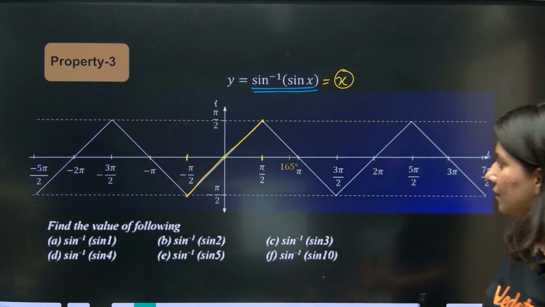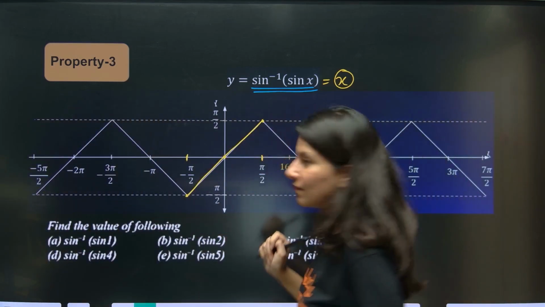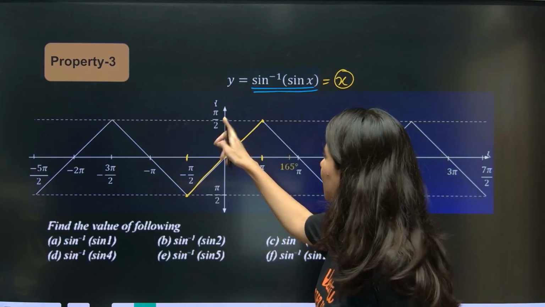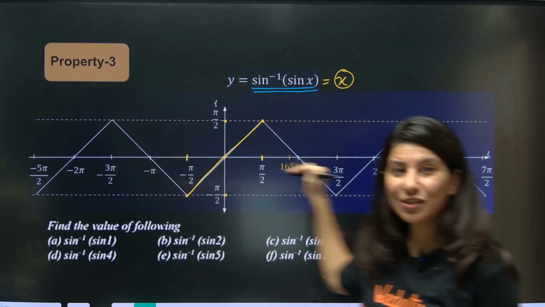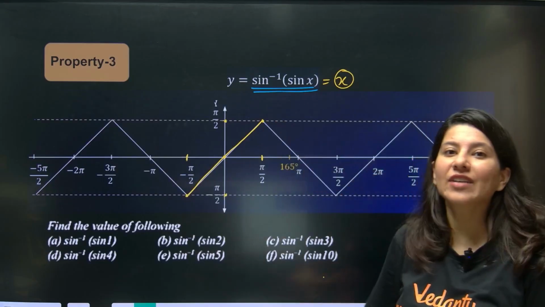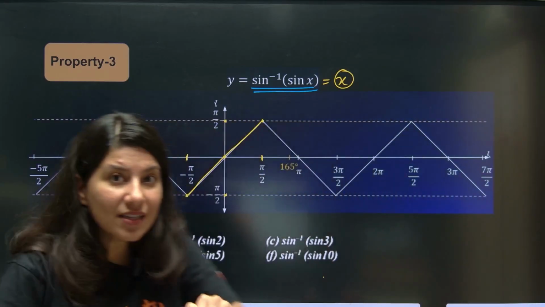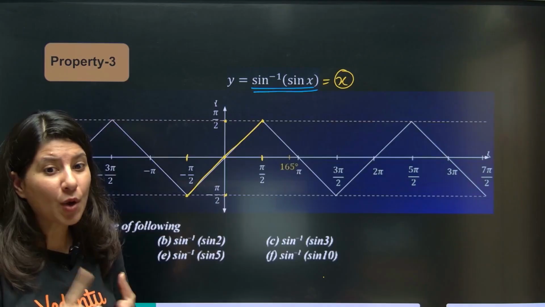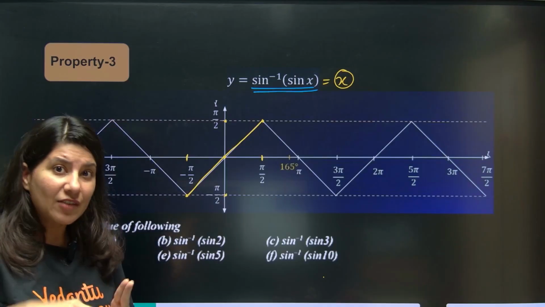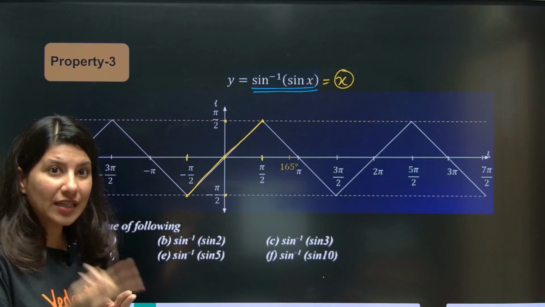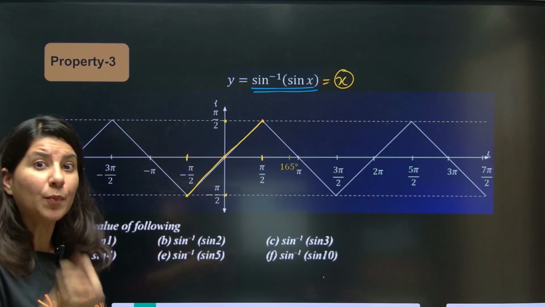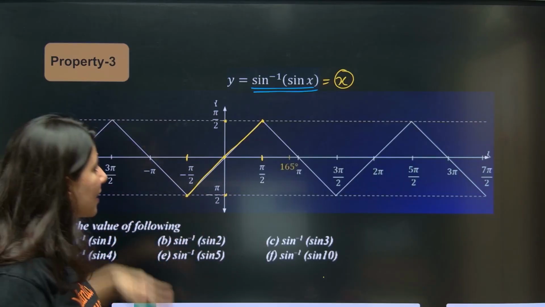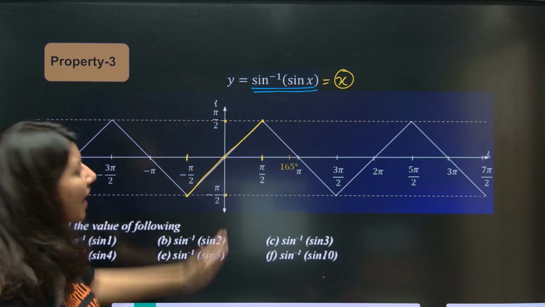Okay, can you see? Pi by 2 you are getting, y is equal to x. On the x-axis also we have angles, on the y-axis we have angles. In property 2 we were putting in angles and getting values. In property number 3, we are putting angles and getting angles. So angles on the x-axis, angles on the y-axis.